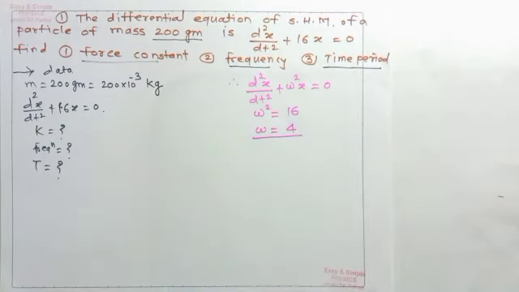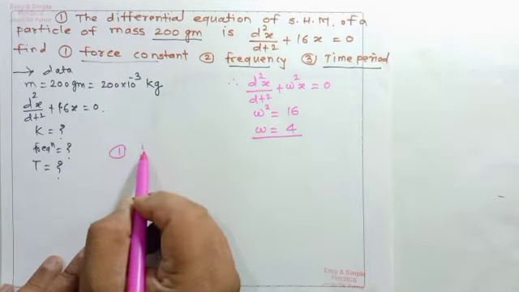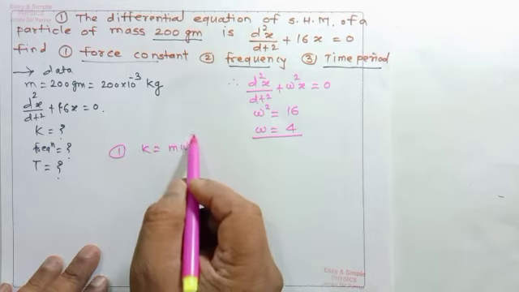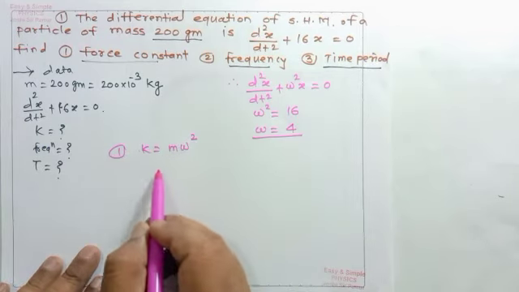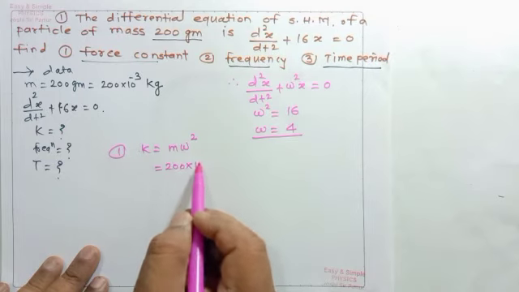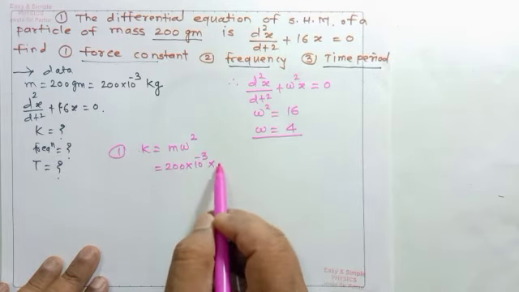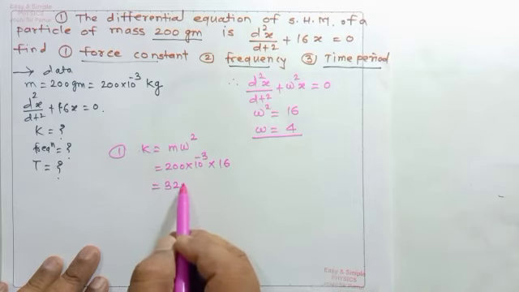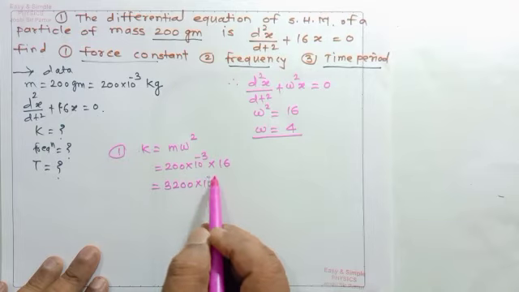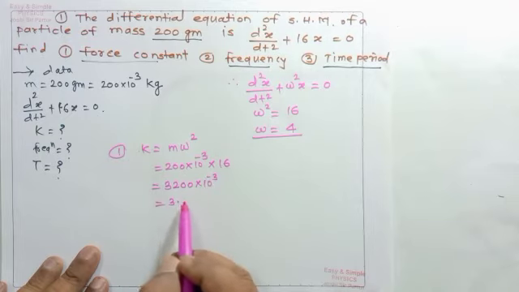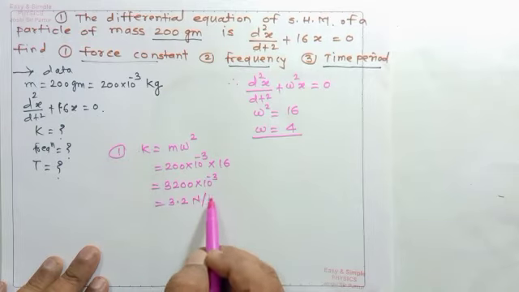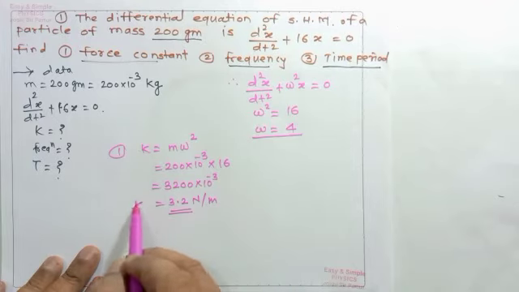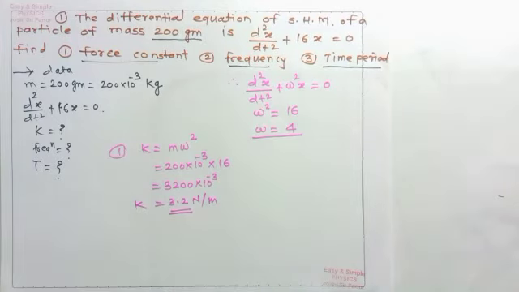The first part is to calculate k equal to m omega square. M is 200 into 10 to the power minus 3 into 16, that is 3200 into 10 to the power minus 3, means 3.2 Newton per meter. That is the force constant.